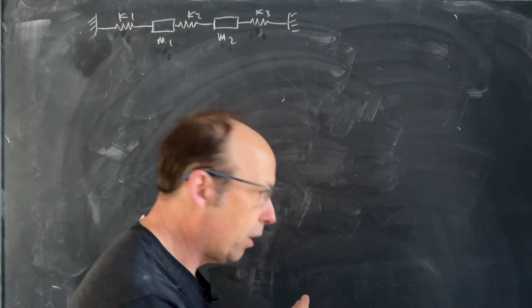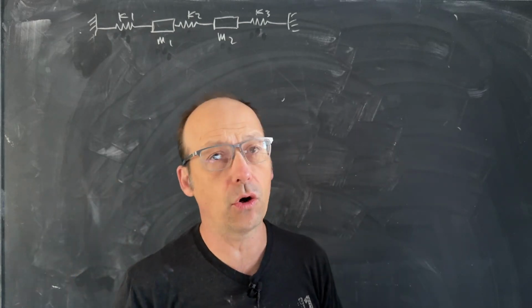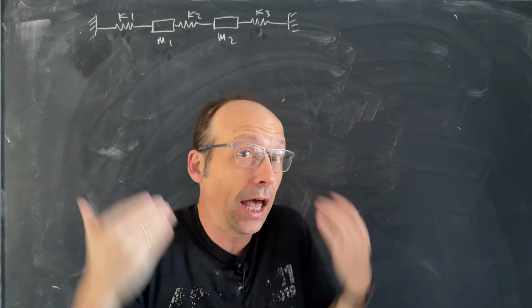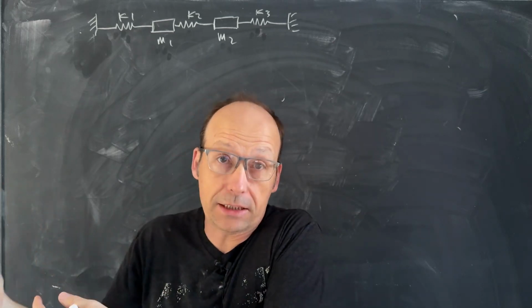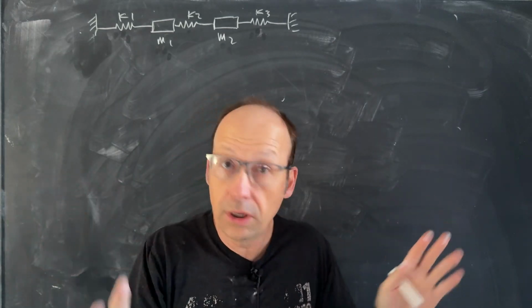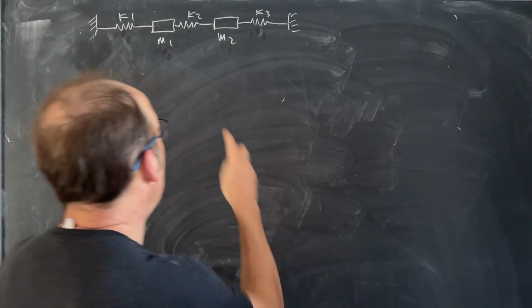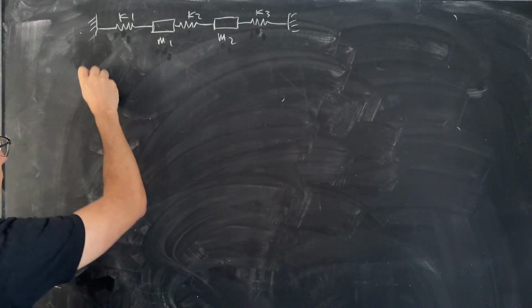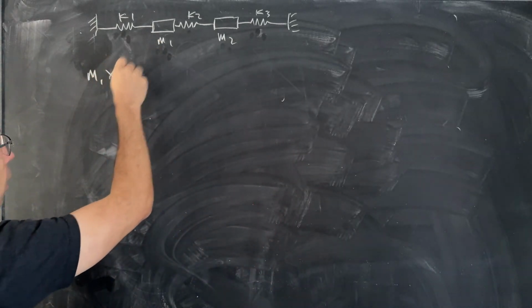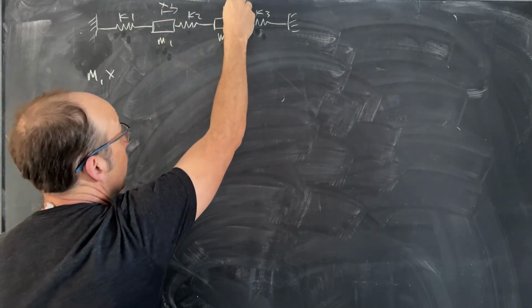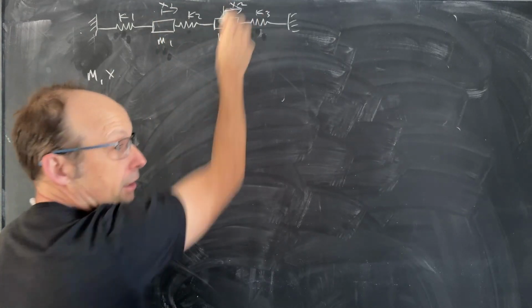Okay, so the first thing we can do is to write down equations of motion using Newton's second law for the two masses, right? Because still F net equals mass times acceleration. That's still true, and both of the springs only have two forces, so it shouldn't be too bad. If we start with mass 1, I can say mass 1 times, oh, and I'm going to call this x1, and I'm going to call that x2.